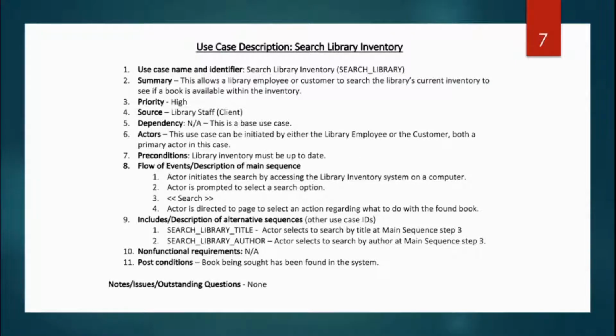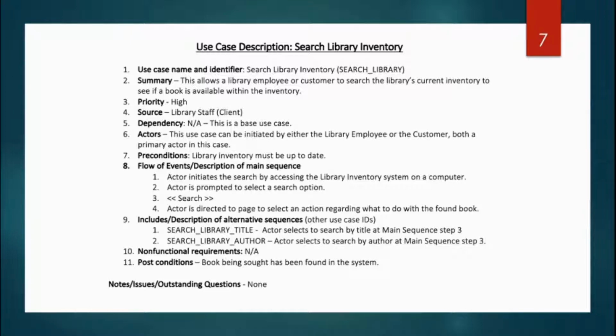This is an example of one of our use case descriptions, which is basically like an outline for the use cases. This description is for our search library inventory use case, and it provides a lot of good information like the name as well as a brief summary. It also shows if it's dependent on any other use cases. In this case, it's actually just a base use case.